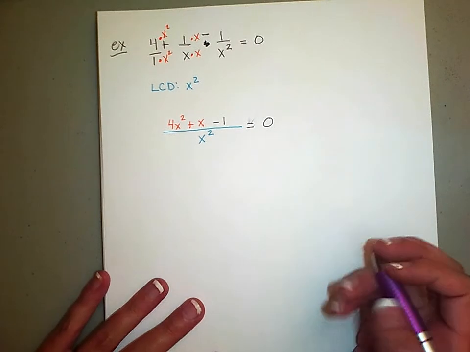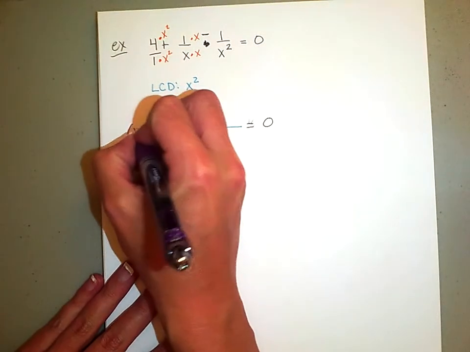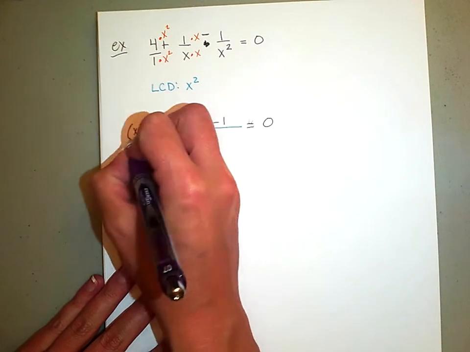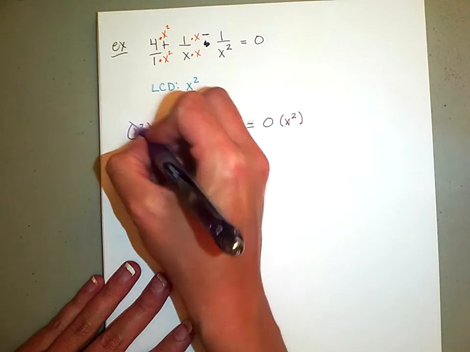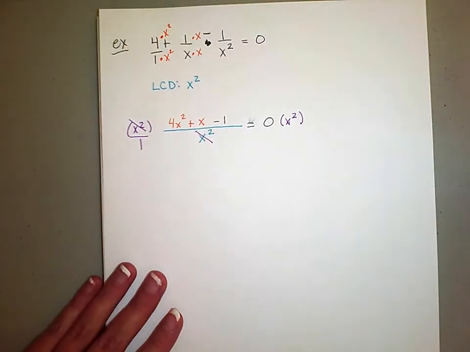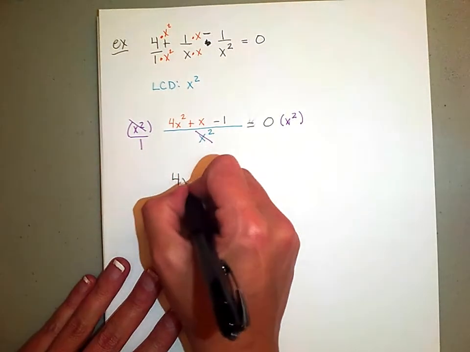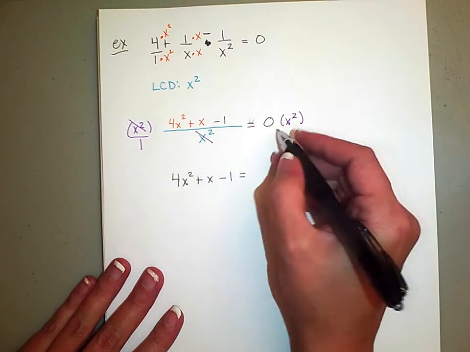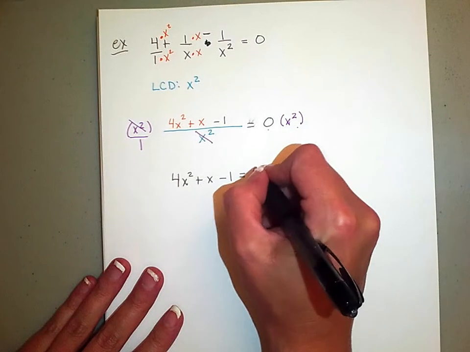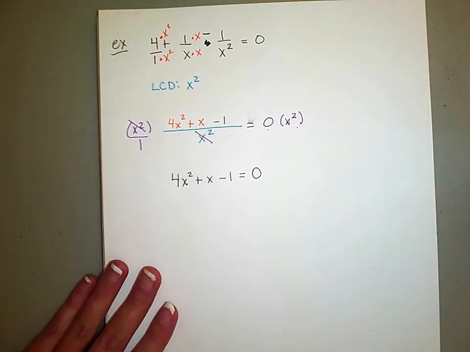Now we want to get rid of that rational equation. So we can do that by multiplying by x squared. That's over 1. Okay. Then our x squareds will cancel. And we have 4x squared plus x minus 1. And 0 times anything is 0.